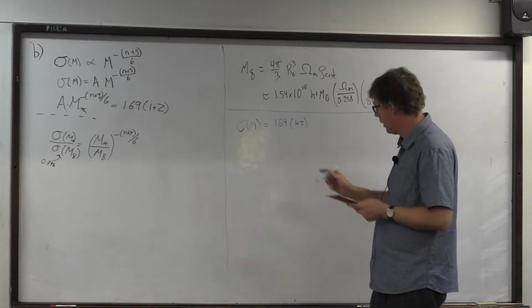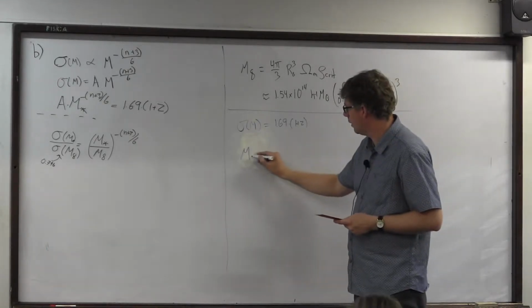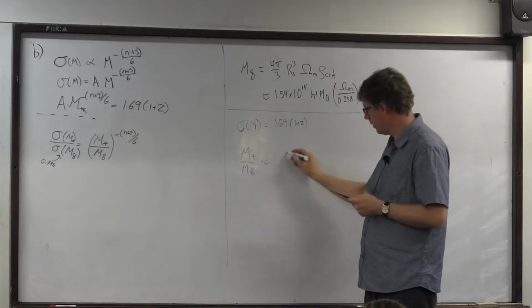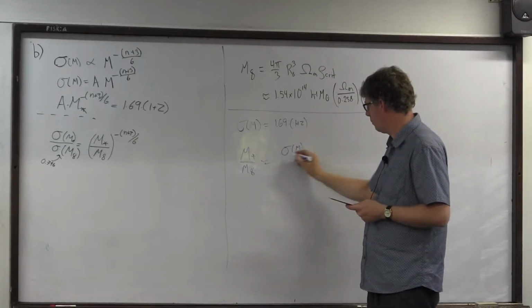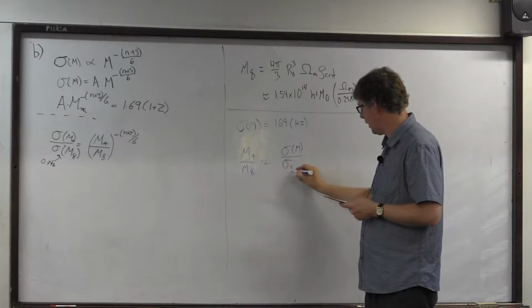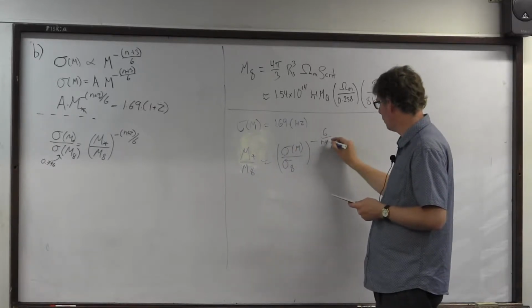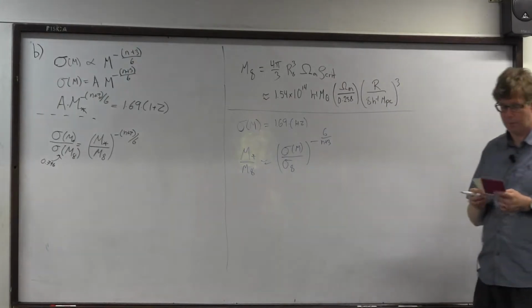And I get m star over m8 is now sigma of m over sigma 8 to the minus 6 over n plus 3. Okay.